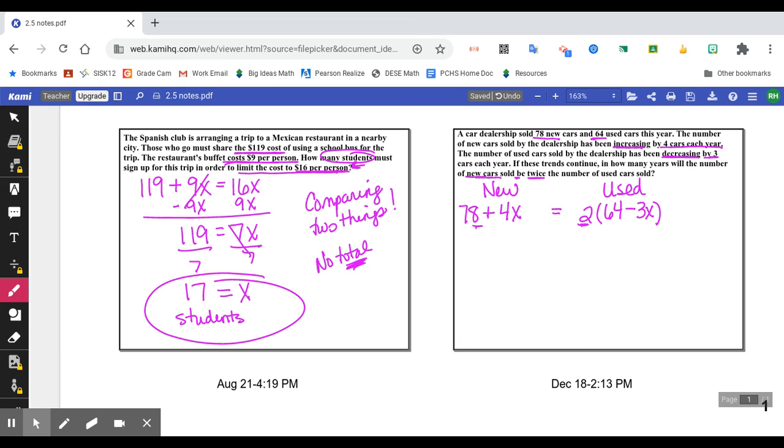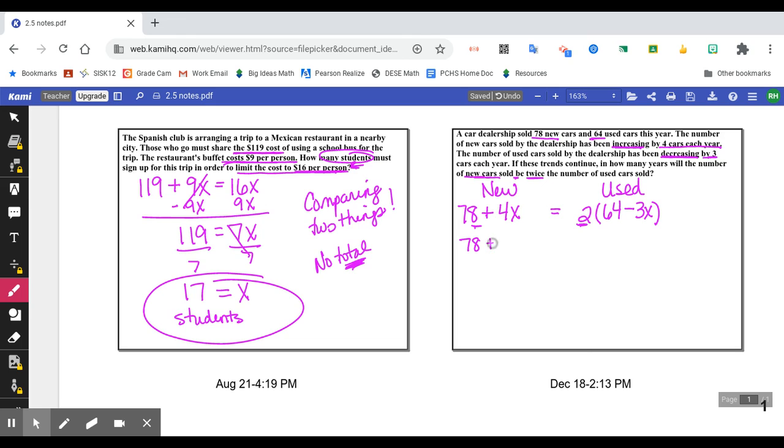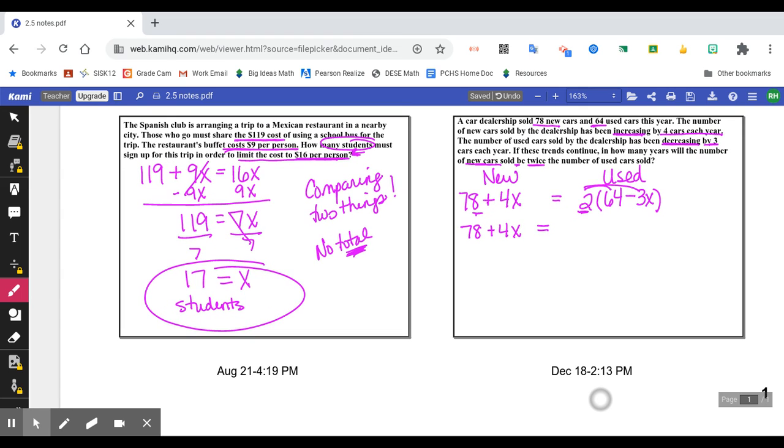Okay, so let's figure this out. This side isn't going to move. 78 plus 4x doesn't have anything to combine. And I'm going to multiply this one. So 2 times 64 would be 128. 2 times negative 3 is negative 6x. Okay. I'm going to move my x, so add 6x to this side.